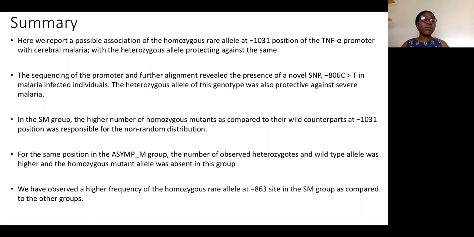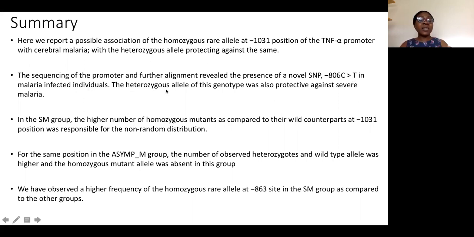The sequencing of the promoter region and the alignments with the reference strain revealed in our study the presence of a new form of mutation located at codon 806, where we have a cytosine mutating into a thymine in malaria-infected individuals.